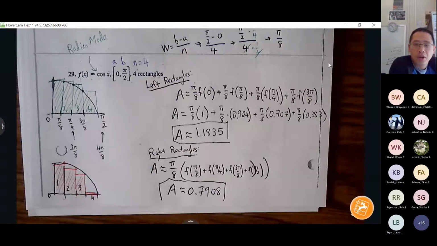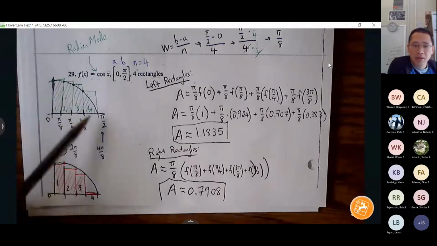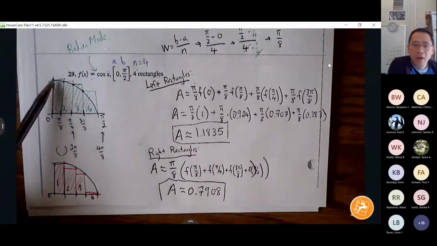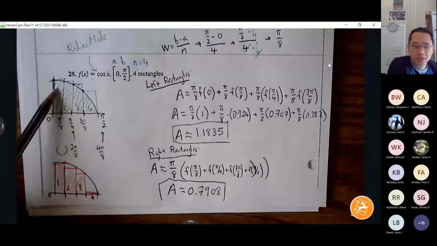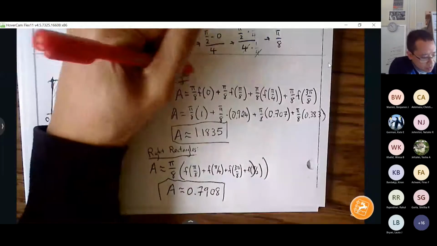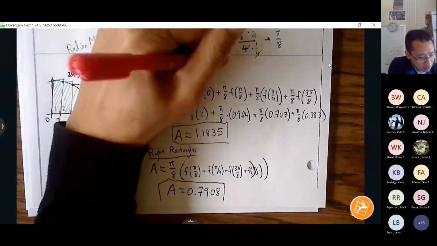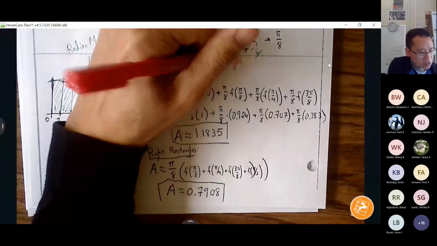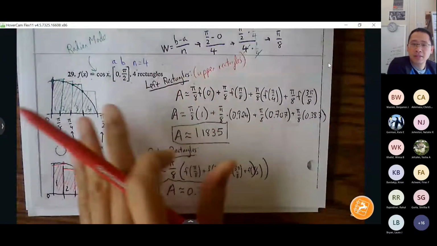What are some other types of approximations that we came across yesterday? Midpoint. Okay, good. Upper. Yeah, I wanted us to see that these are also upper rectangles, right? So it's just kind of a coincidence, right? We can't always associate left rectangles with upper rectangles. It just so happens that's the case.